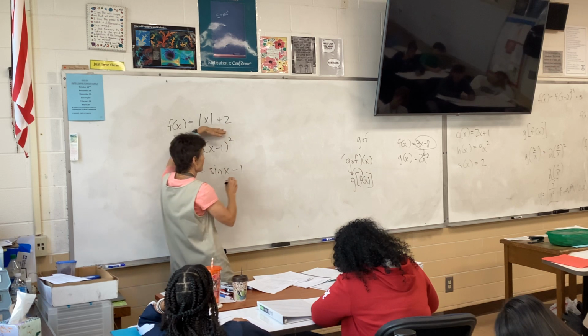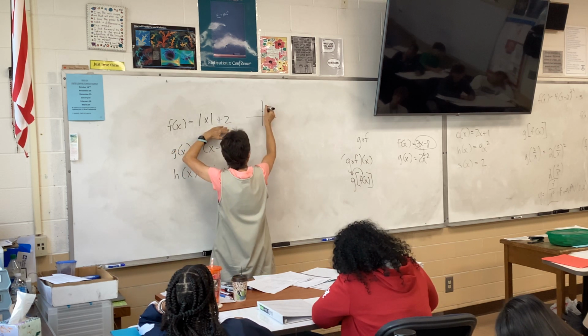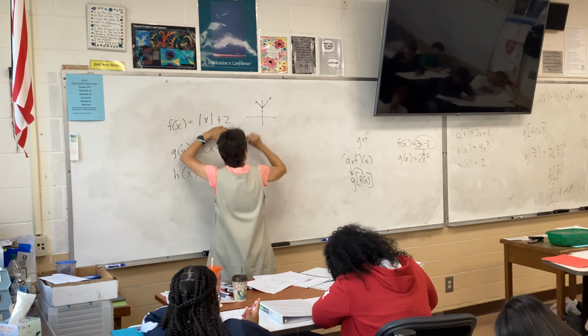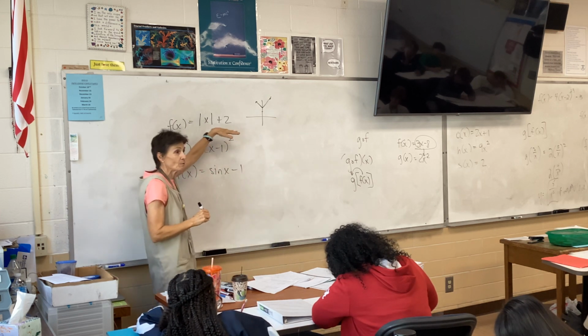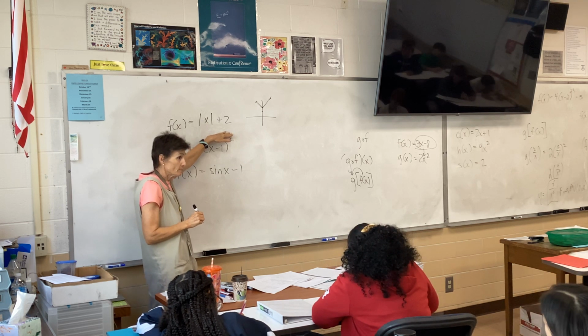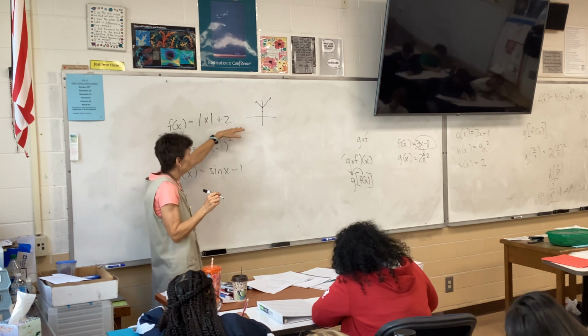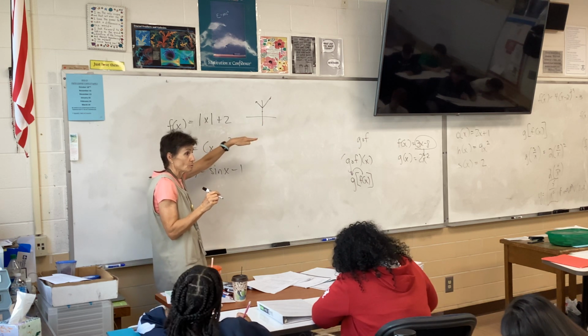So what shape do we have right here? A V, but it has been moved up 2. So isn't it bounded below at 2? Its lowest point is 2. So it's bounded below at 2.